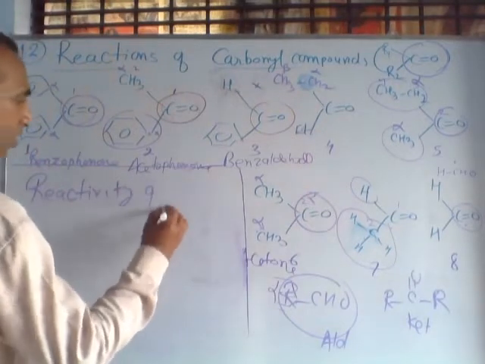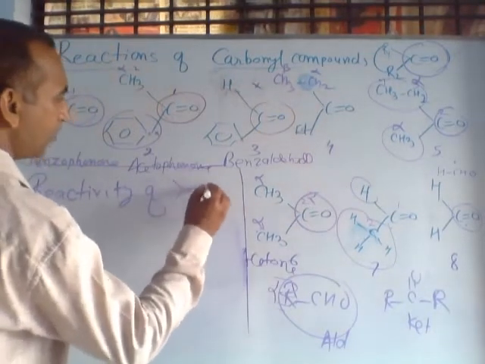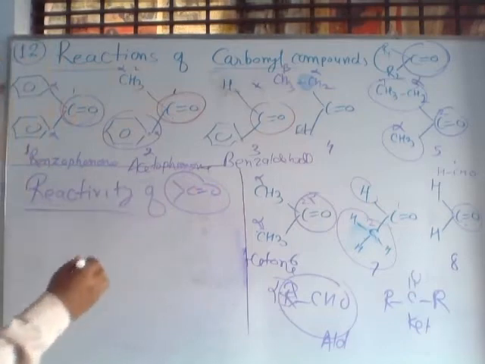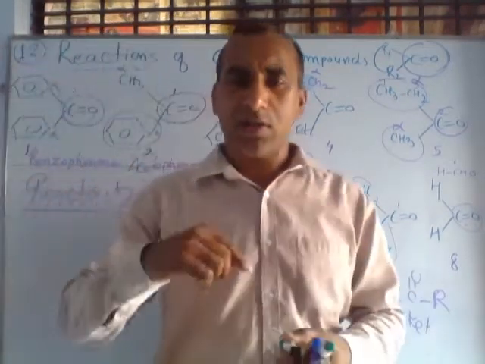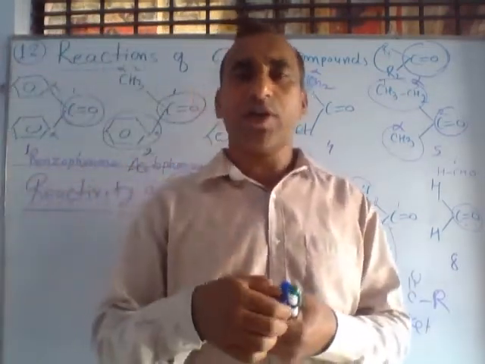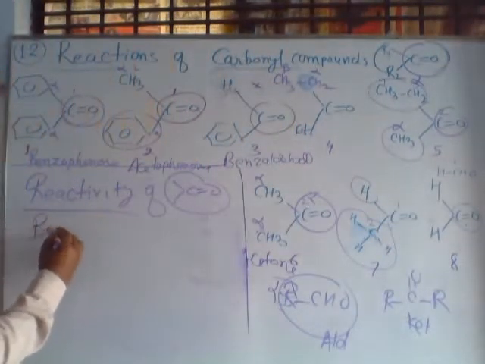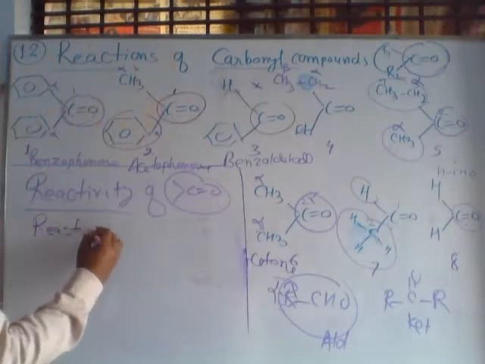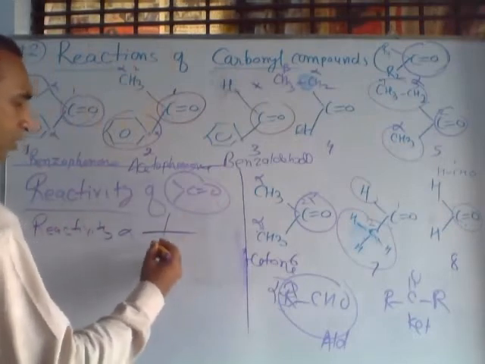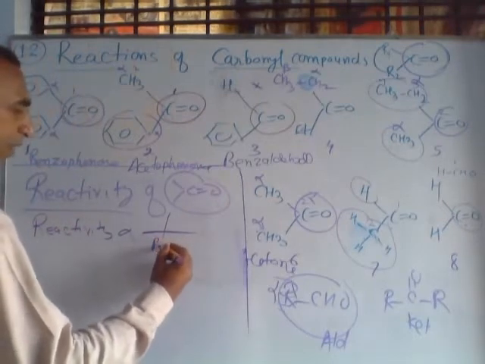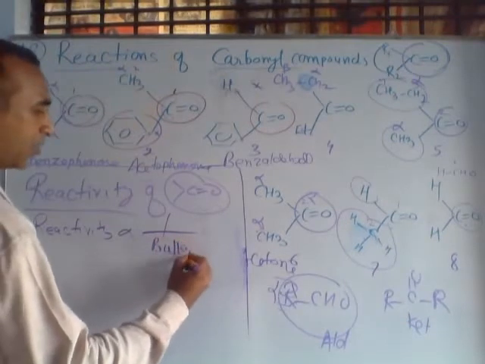So here the topic is reactivity of carbonyl compounds. Reactivity of carbonyl compounds means which carbonyl compound is more reactive and which is least reactive. Reactivity is inversely proportional to the number of bulky groups.